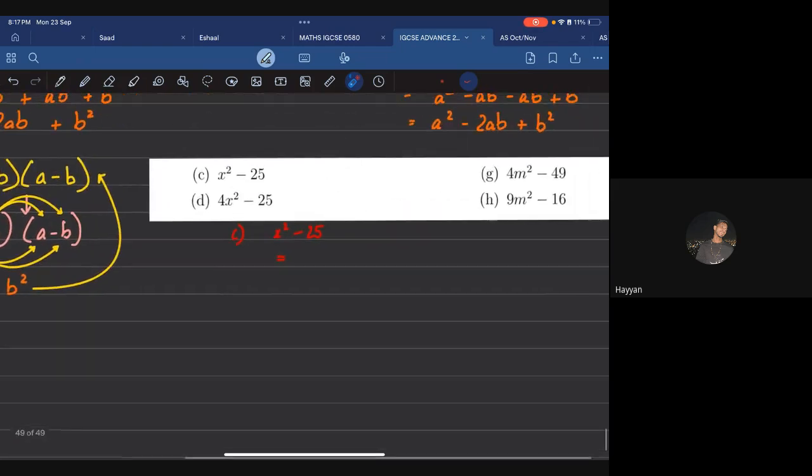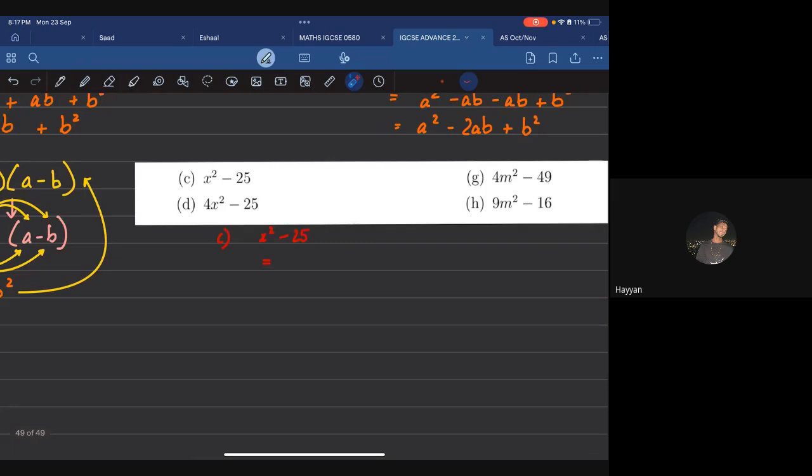So I need to first convert it to what I've been taught, because always remember the question is not going to be similar to what you're taught. It's always going to slightly differ from what you've been taught. So can I write this as x squared minus 5 whole square? Yes, sir, you can write. Yes, right. Thank you.